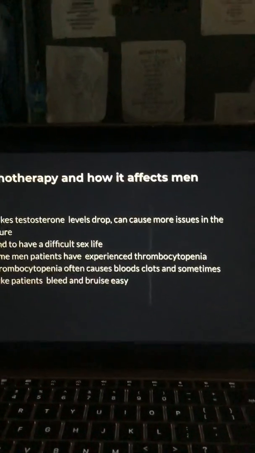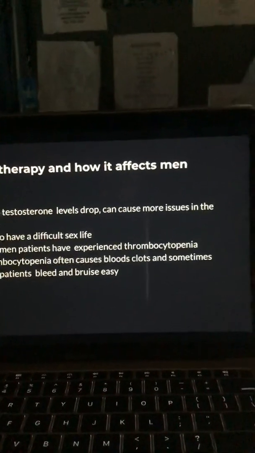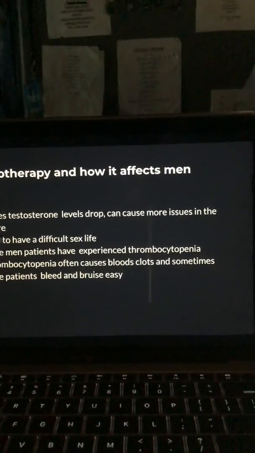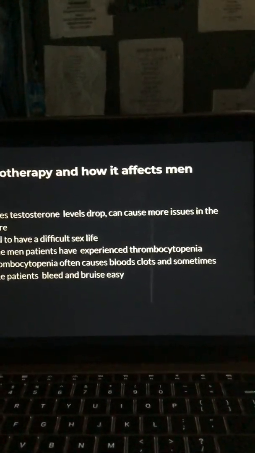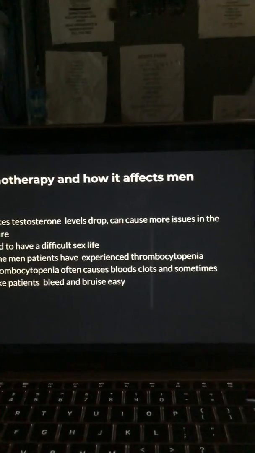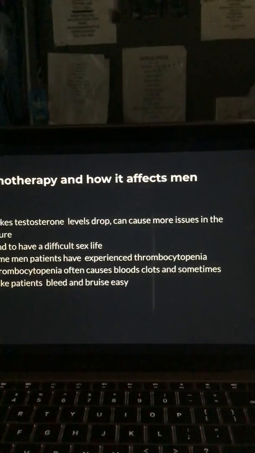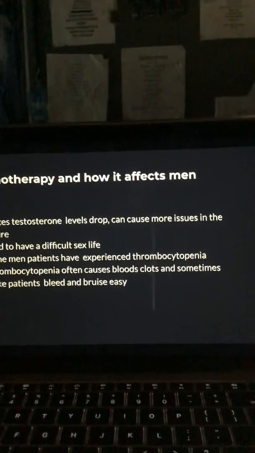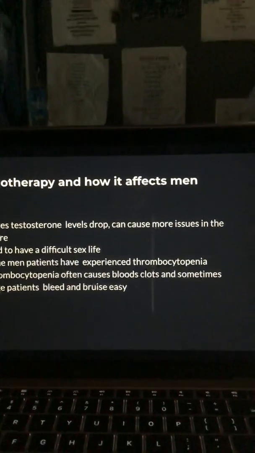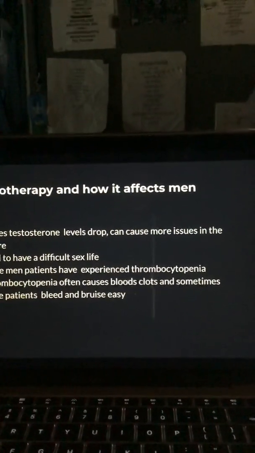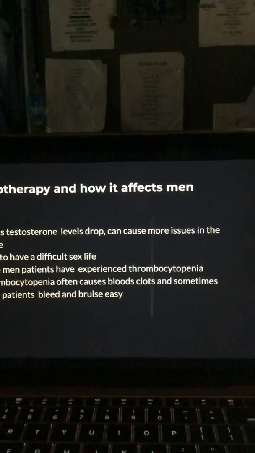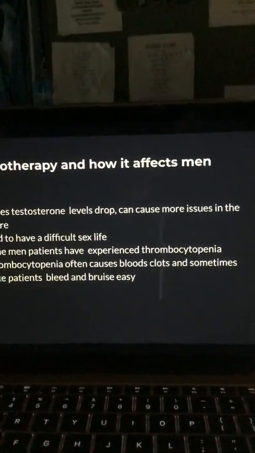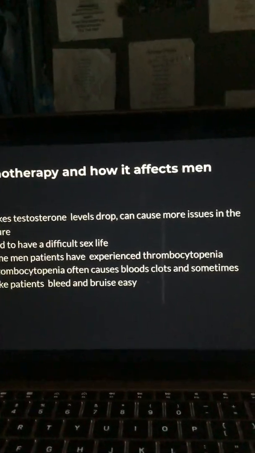Some issues include erectile dysfunction, and this process also tends to make men have a difficult sex life, such as being unable to climax, or sometimes experiencing dry orgasms. Some men patients have experienced thrombocytopenia, and this often causes blood clots and sometimes makes patients bleed and bruise easily.